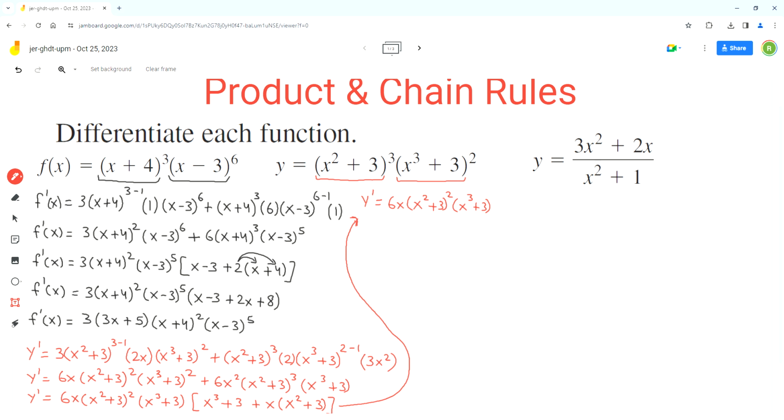Now in the parentheses we can distribute the x into the parentheses. So we have x cubed plus 3 plus x cubed plus 3x.